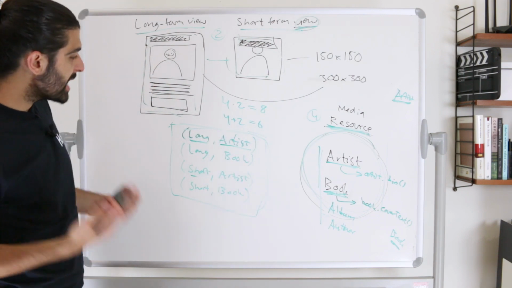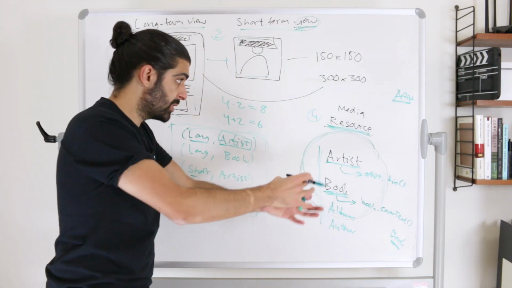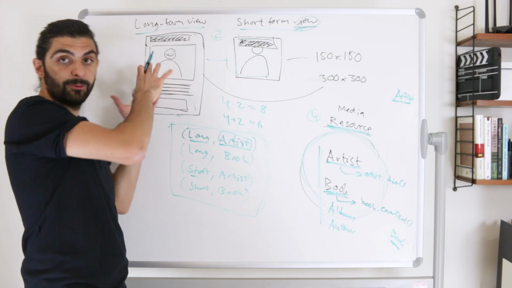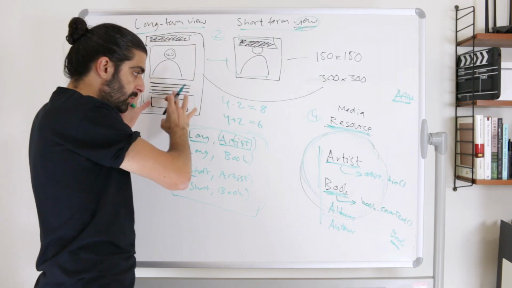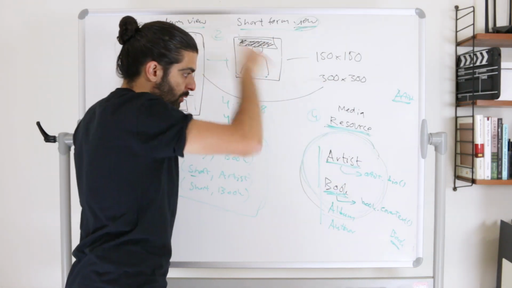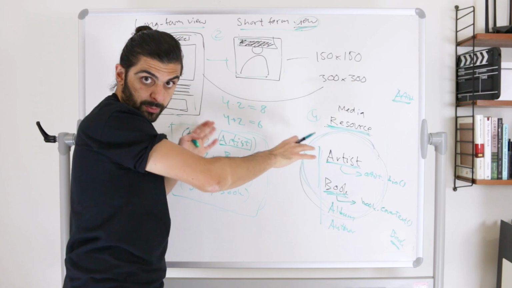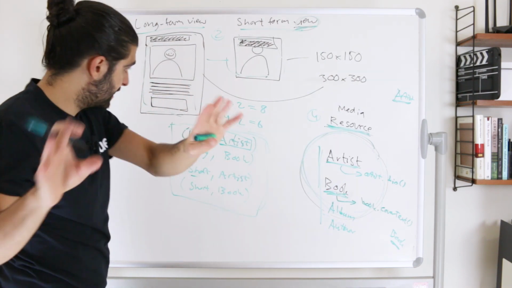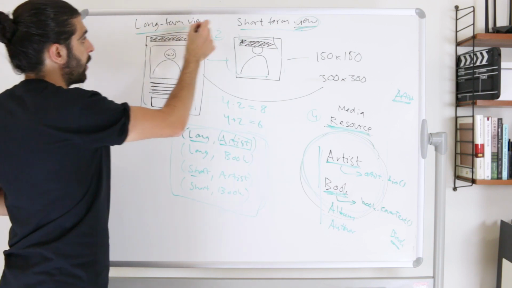So we need to be able to specify artist resourceness in isolation, and we need to be able to specify viewness in isolation, and then let the view delegate down to the resource whenever it needs to access some information from the resource. So think about this. This is what we were doing. We would say there is the notion of a view.